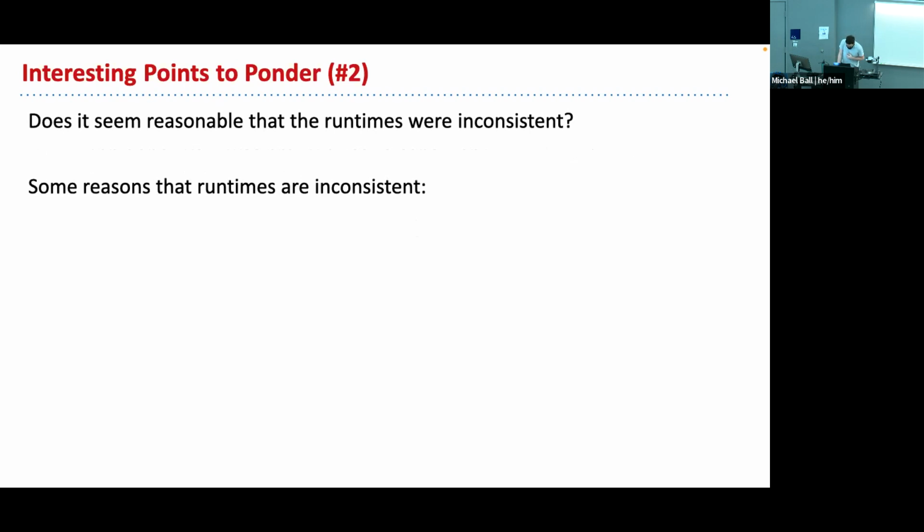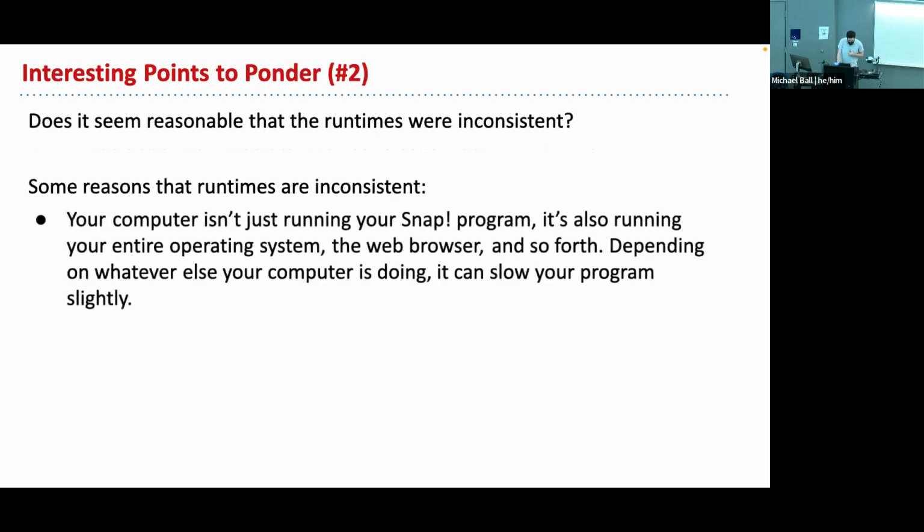Some of these results are also inconsistent by a little bit. They're not always exactly the same. They jump around. They're within, in this case, a margin of error. But what can also happen is that our computer isn't just using Snap. Right now, if you're on your computer, it's managing Zoom, probably another tab for Gradescope.